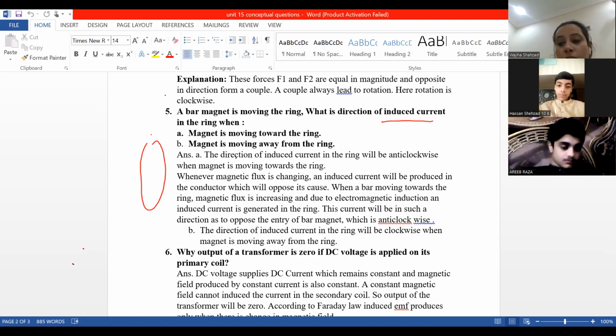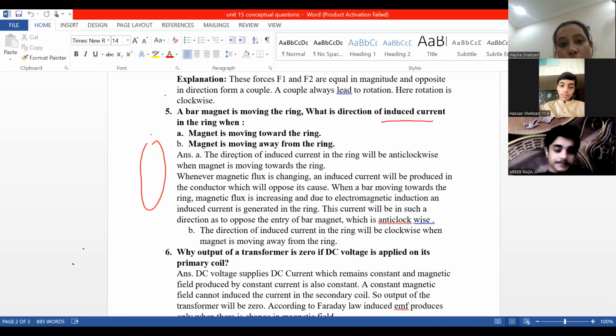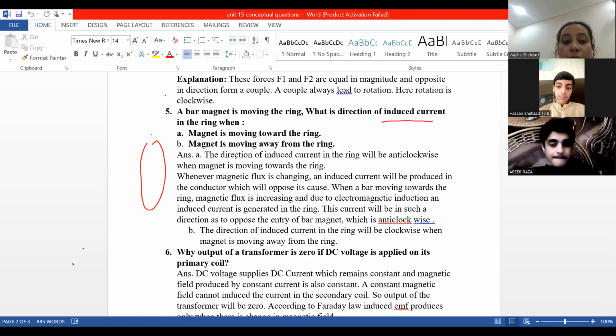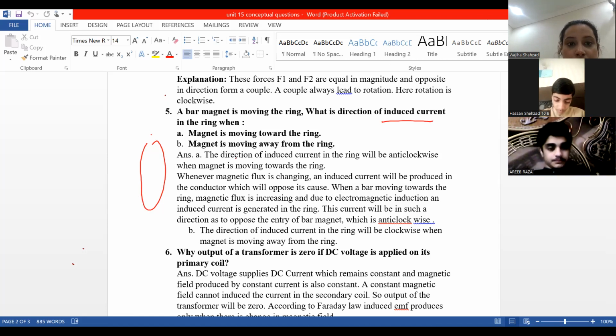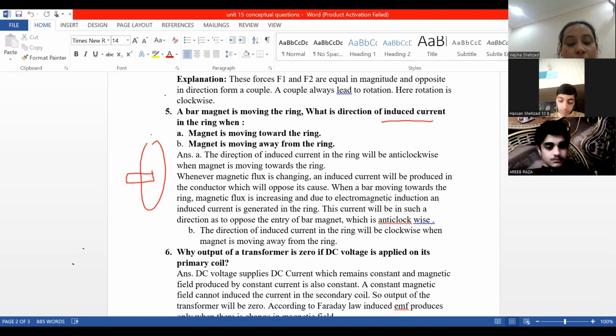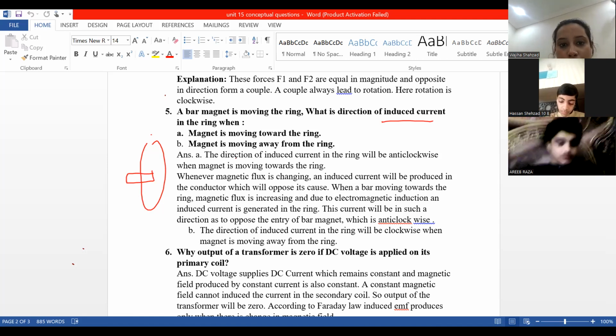We have two cases: when the magnet is moving towards the ring, and when the magnet is moving away from the ring. If the magnet is moving towards the ring, what is the direction of induced current? And if we move the magnet away from the ring, what is the direction of induced current?